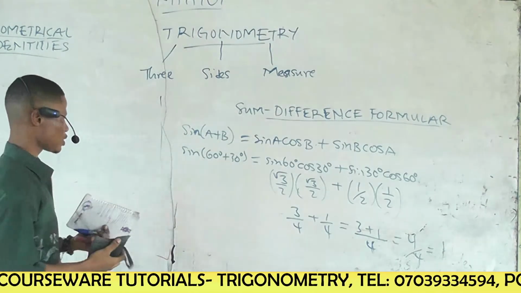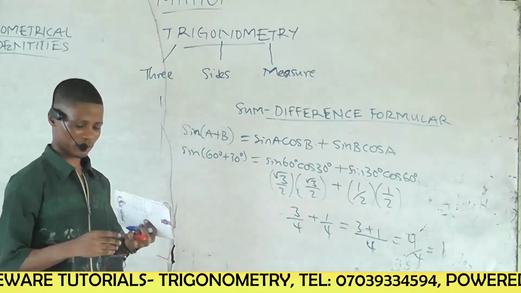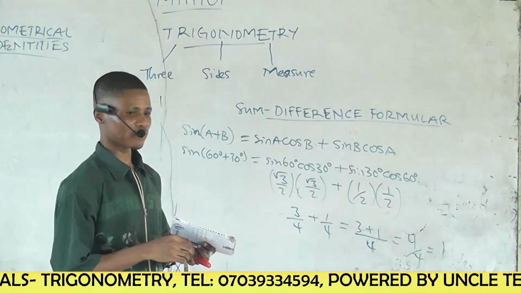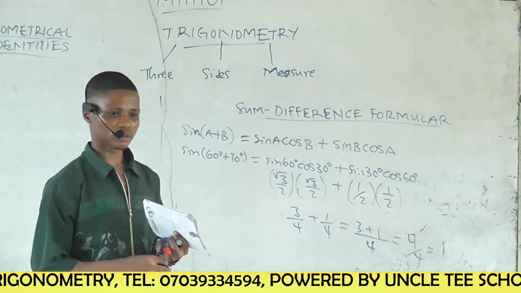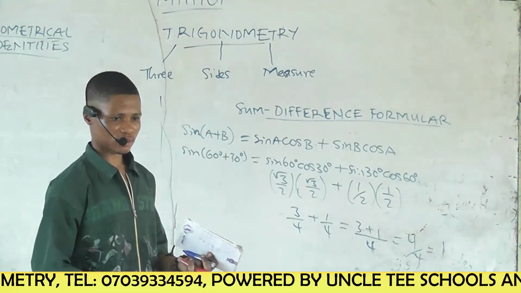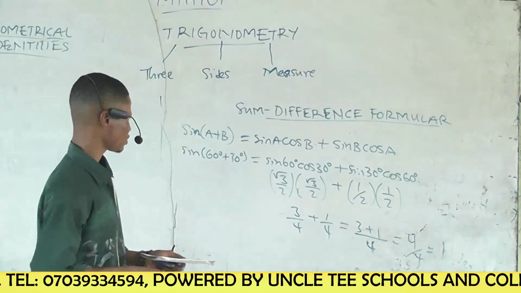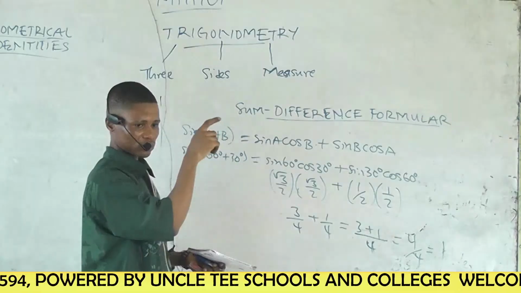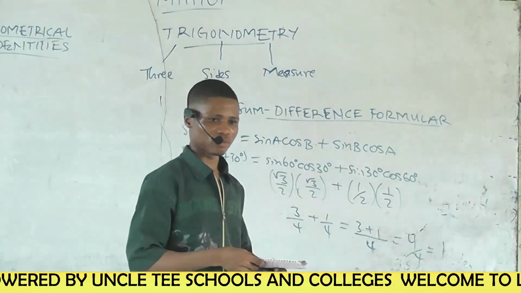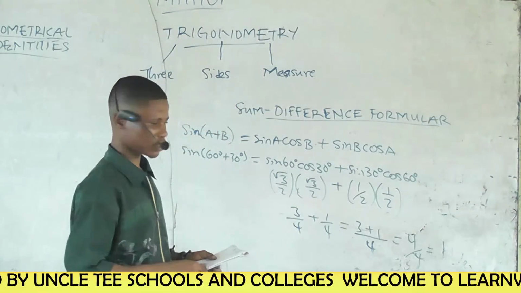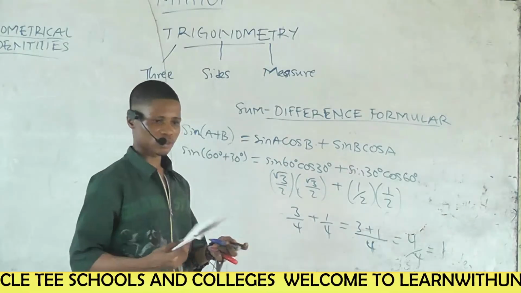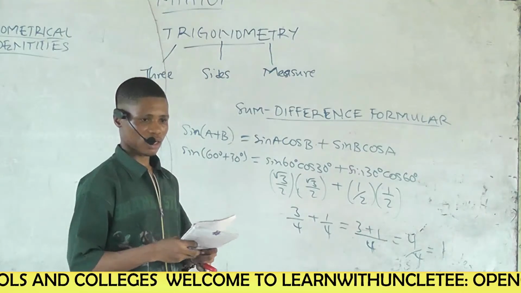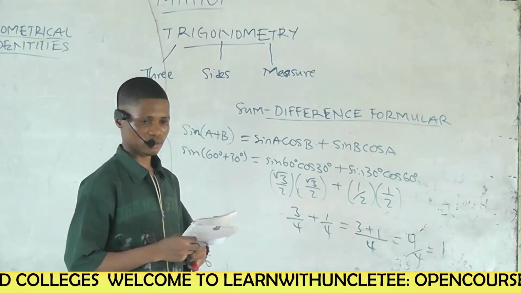So if you want to understand this thing very well, you have to try and prove it on your own using numbers, using the angle actually, because if you are using a plus b, we are just proving through analytical method. But if you want to get it real quick, you can impute some angles for you to see how it works.